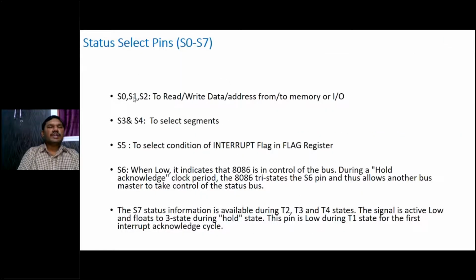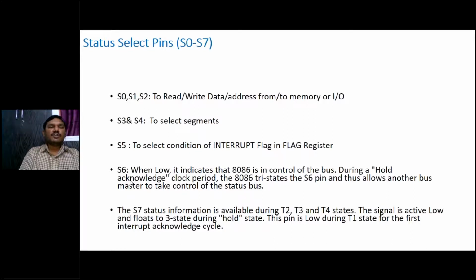S0, S1, S2 are used to read or write data to or from memory or I/O devices. S3 and S4 select the segments. S5 shows the condition of the interrupt flag in the flag register. When S6 is low, it indicates that the 8086 is in control of the bus.